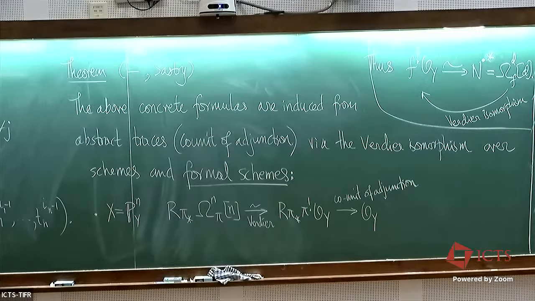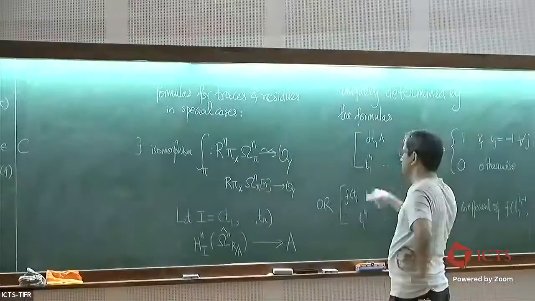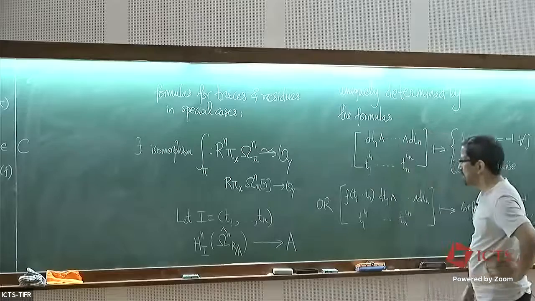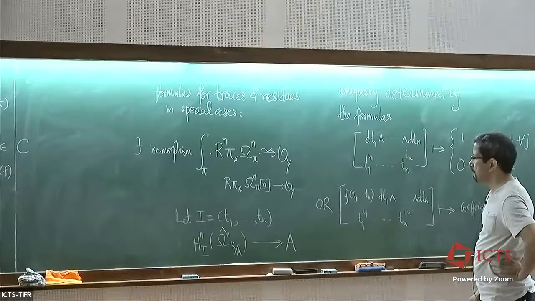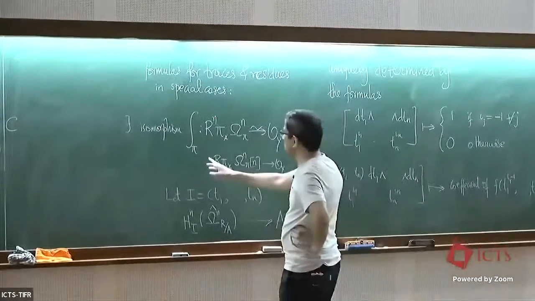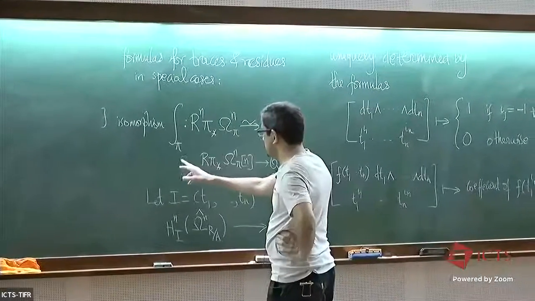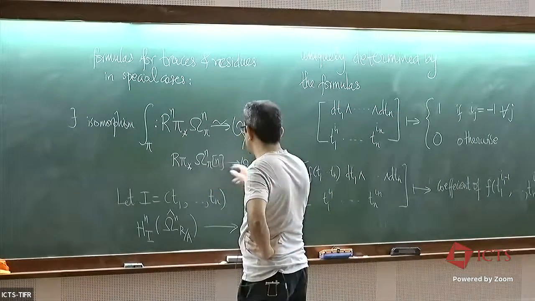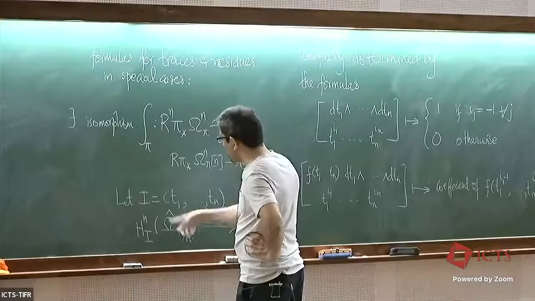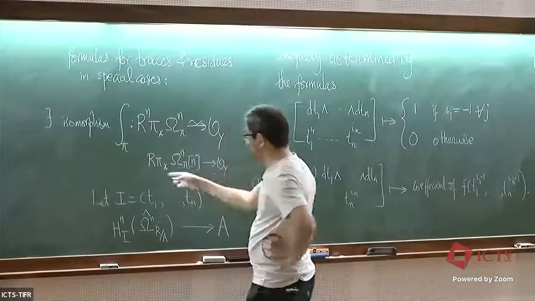For example, there will be a natural map from local cohomology at a point of the same omega to this one, and then R pi lower star to OY. I mean, if you put an R gamma of a point here, then you get a map from here to here and then to OY. So the concrete trace and the concrete residue are closely related.